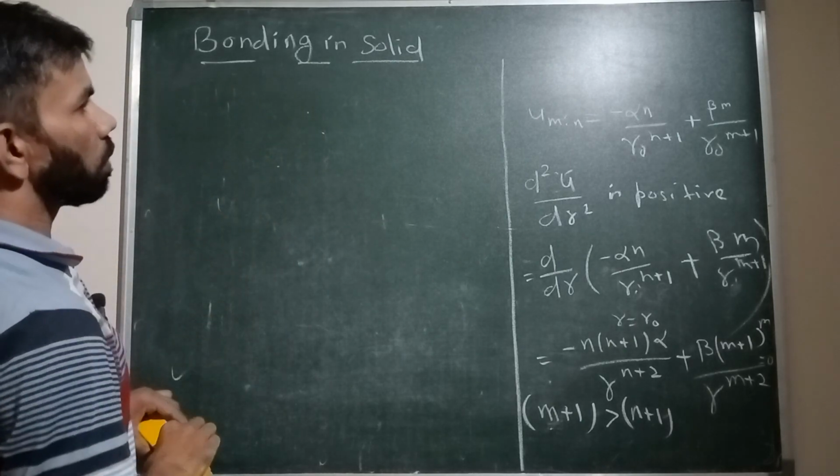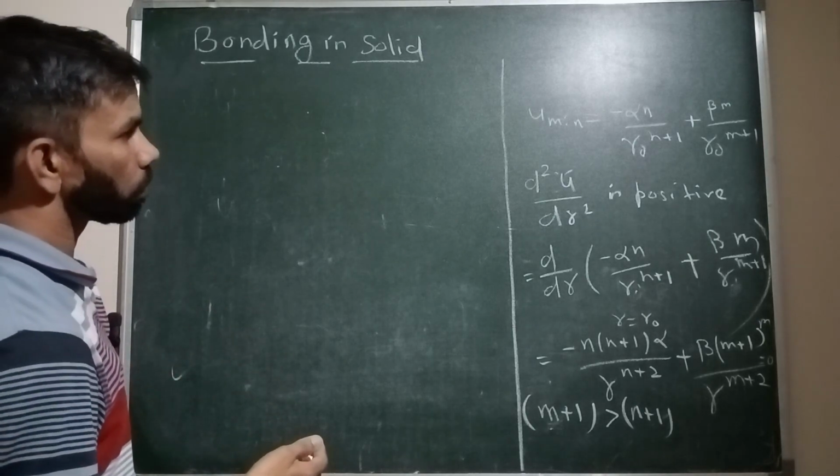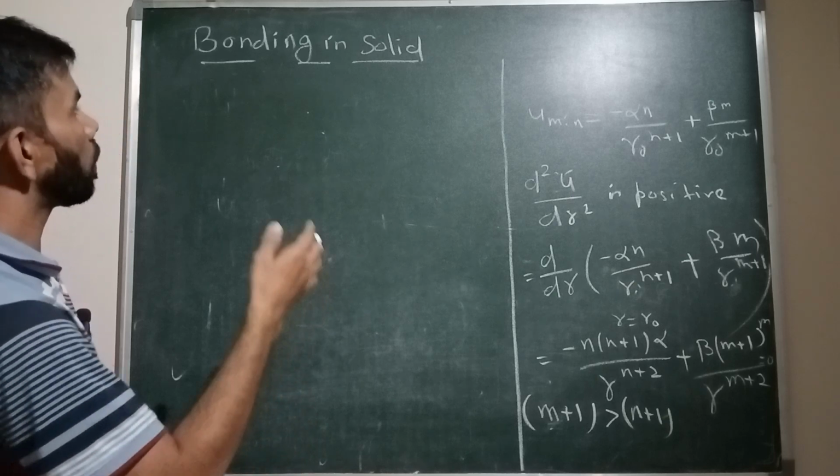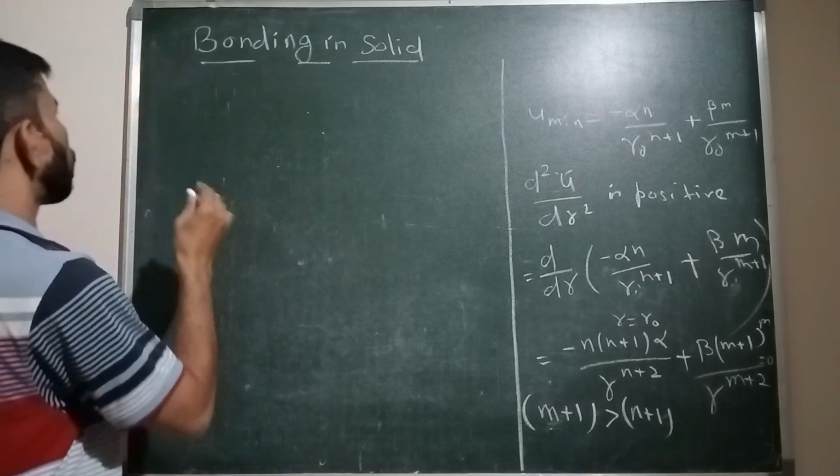So overall, this derivation is needed to differentiate between different types of bonding in the material.